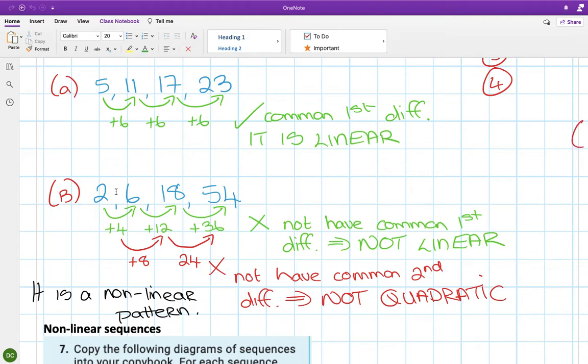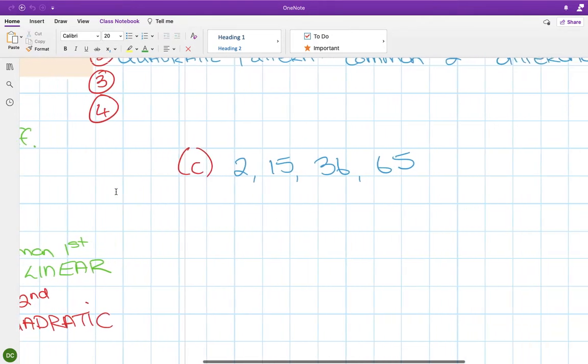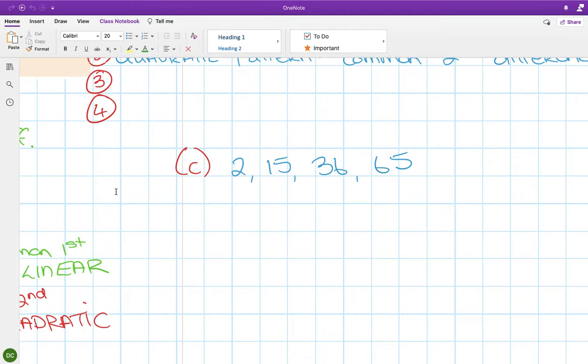The third one, we may as well finish it, is 2, 15, 36, 65. Did I get that right? So we will look at the first difference. That is plus 13.